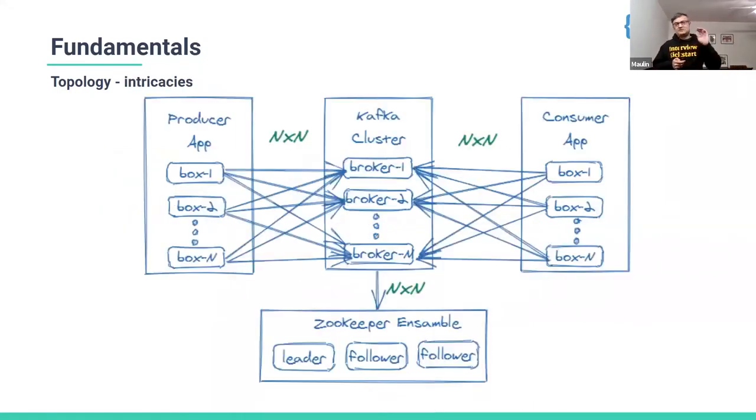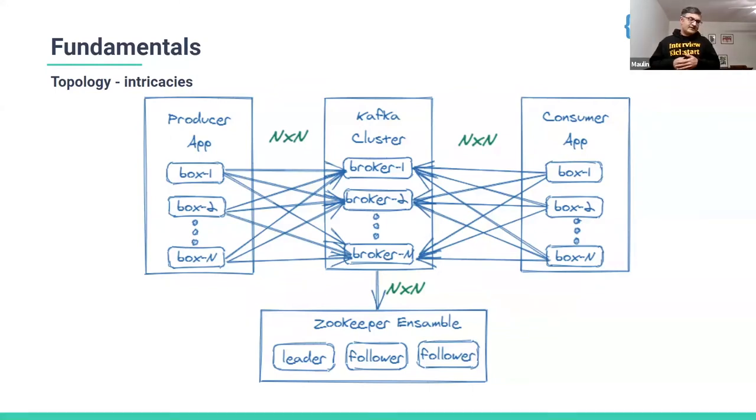Now, if we take a one level deeper look at these boxes from the previous diagram, you can imagine that you could have horizontal scale on each of these boxes. You have lots of boxes under producer apps, a lot of boxes under consumer apps, and of course the Kafka cluster is comprised of several brokers, and Zookeeper the same way with multiple nodes in it.